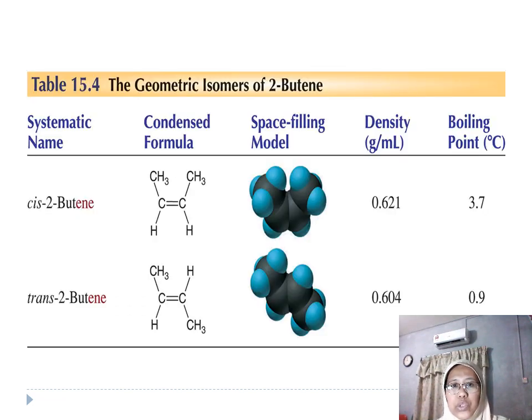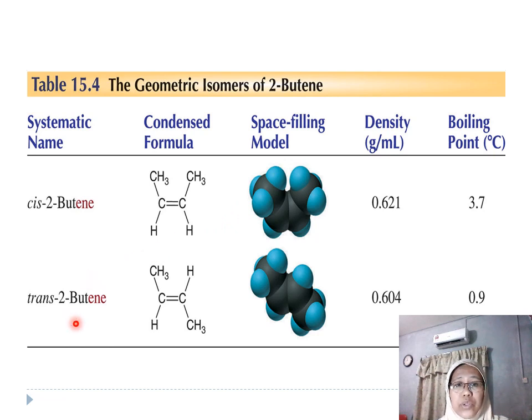For cis-2-butene, you can see that the compound is slightly round. It is shorter, so it has a higher density, 0.621, and it has a higher boiling point. More energy is needed to break the intermolecular forces among the molecules, since they have a compact structure.